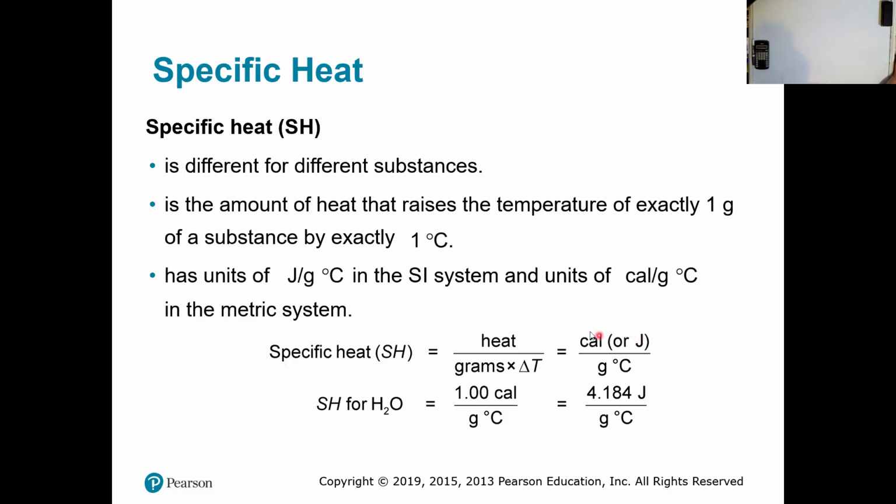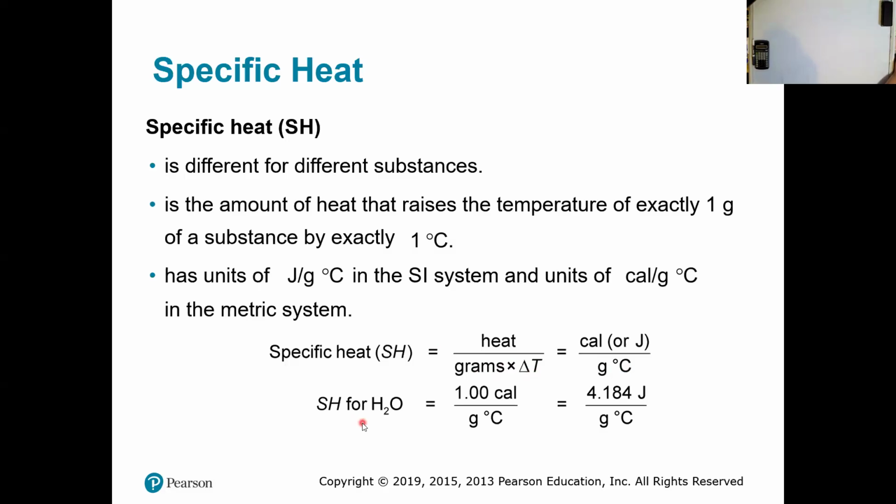Heat and energy get used kind of interchangeably because heat's just a type of energy. In the denominator position, we're going to have our grams, which is our mass unit, and our delta T, our temperature change unit, excuse me, in Celsius. So the units on the bottom of the fraction bar are going to be grams and degrees Celsius.